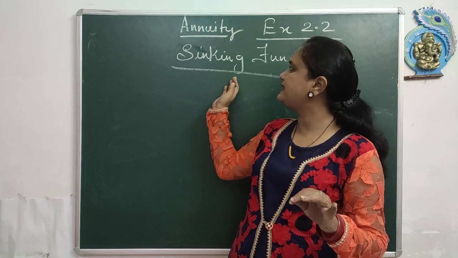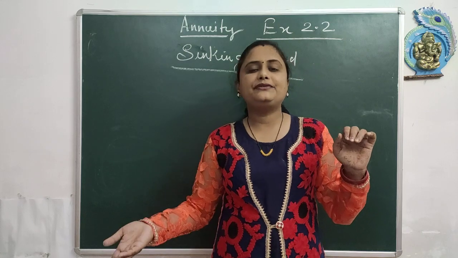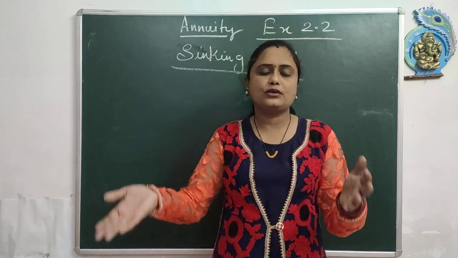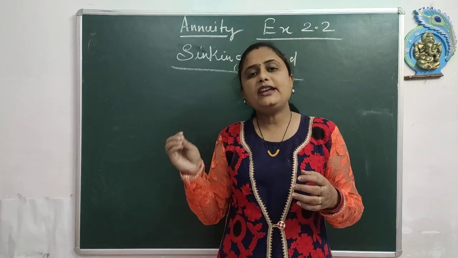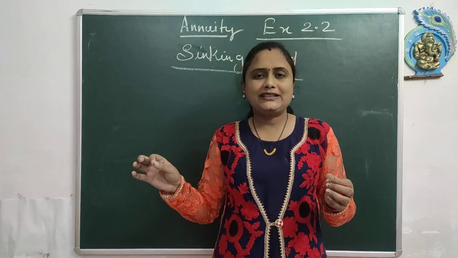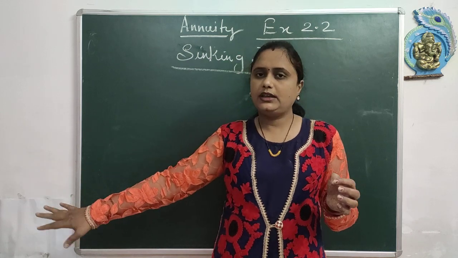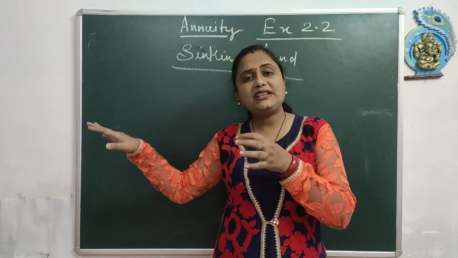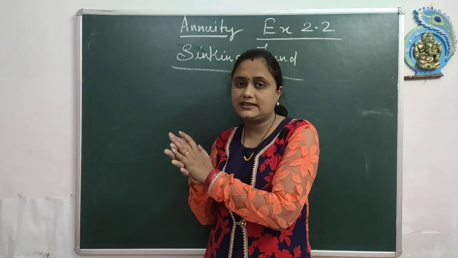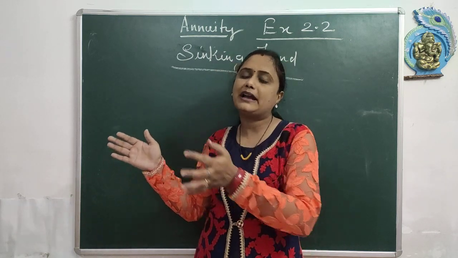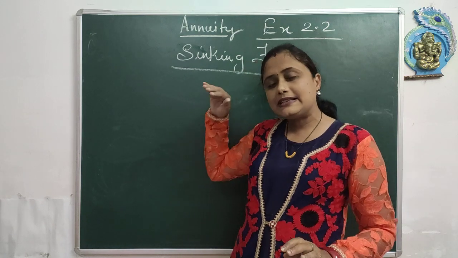Sinking fund is similar, only the difference is in the motive. We need money after 10 years for the marriage of my daughter, so I am accumulating the money. Every year I am depositing and keeping aside, suppose 10,000 or 1 lakh, whatever according to my savings. After 10 years I want 10 lakh rupees for my daughter's marriage. So I have started accumulating 10 years before. This is the sinking fund.